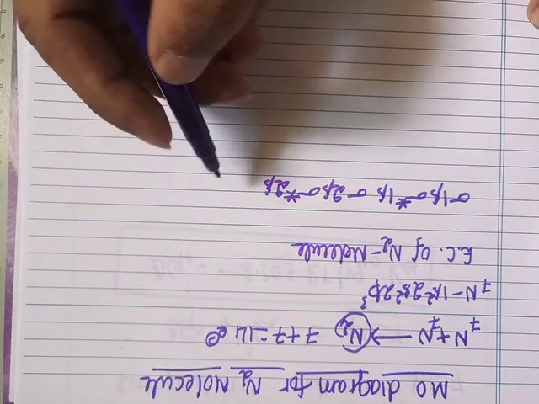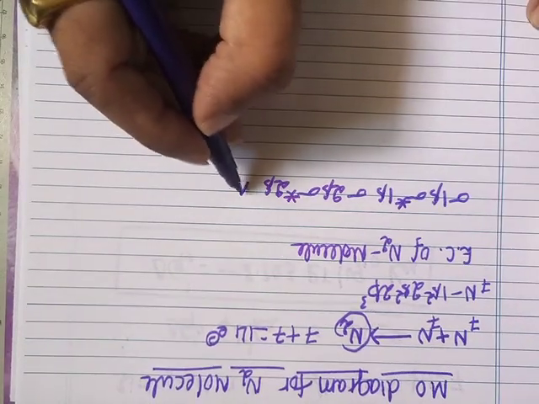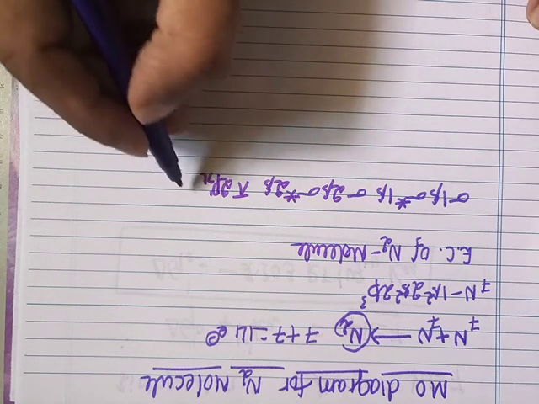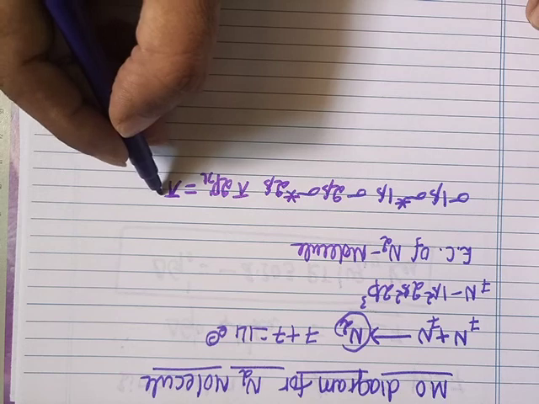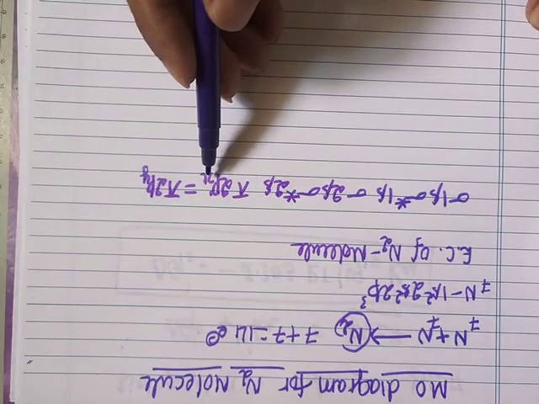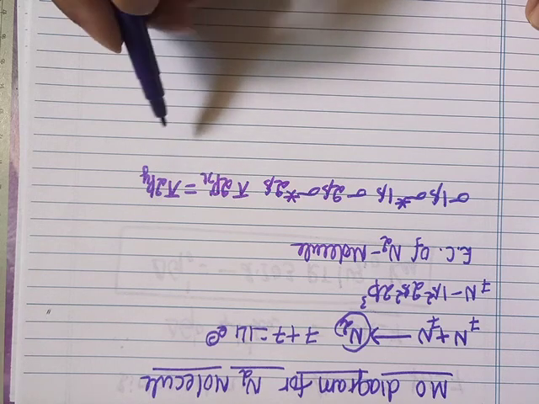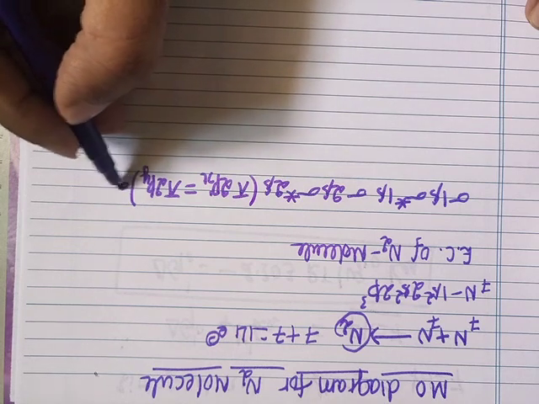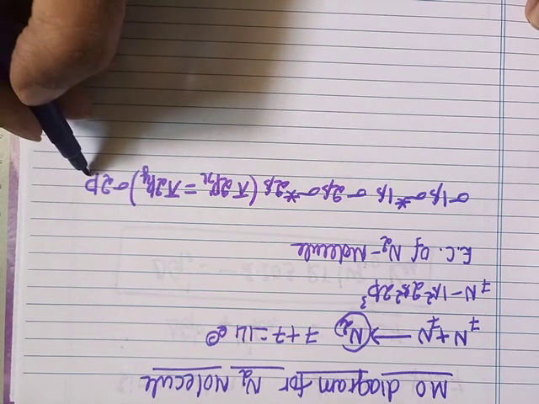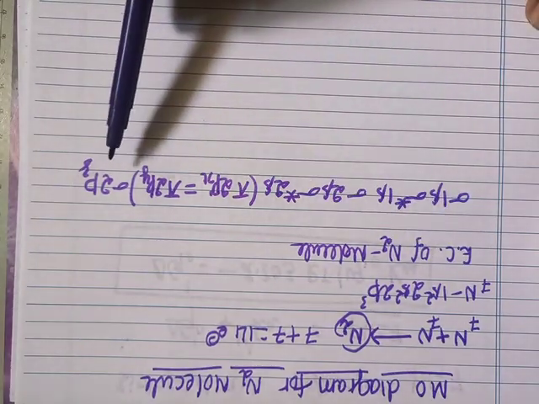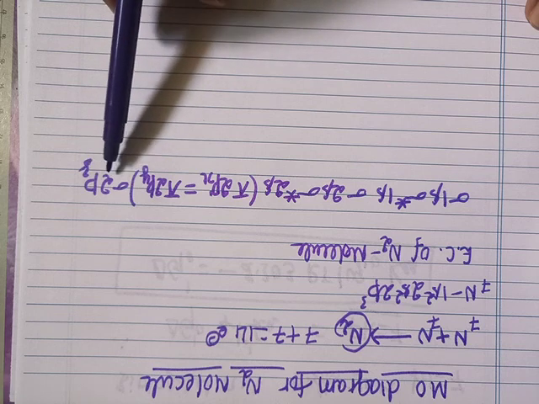That is pi 2px equal to pi 2py, because the energy of pi 2px and pi 2py are equal. And the next is sigma 2pz.